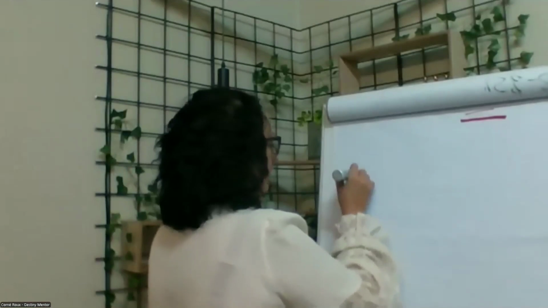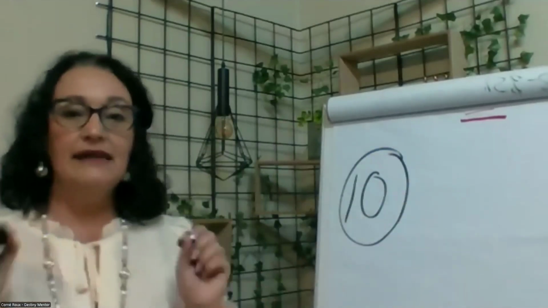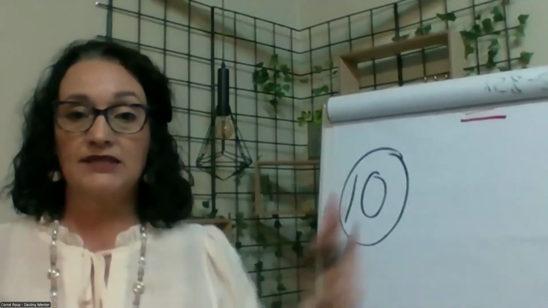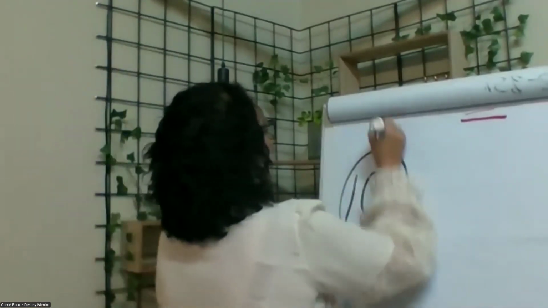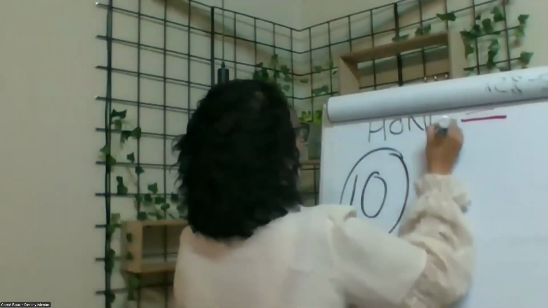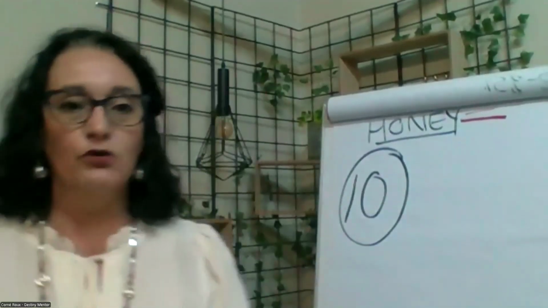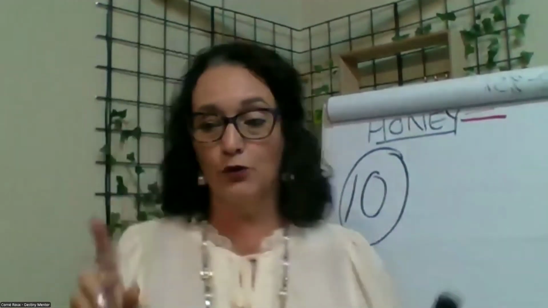So if you have got 10 clients, okay, and now can you see what's wrong with my board? It's the wrong way around. Can you see that? If I would write the word honey there, can you see that my board is the wrong way around? Okay, so I did this on purpose because what I want to show you is if this happens, don't panic.